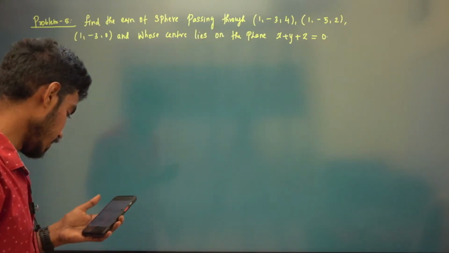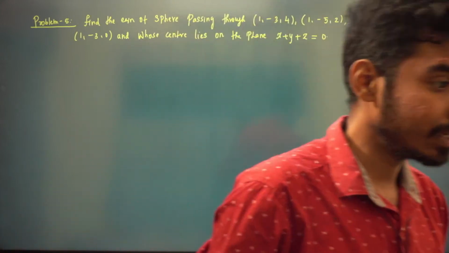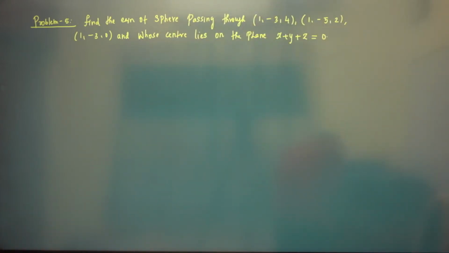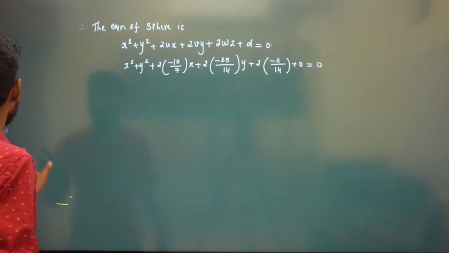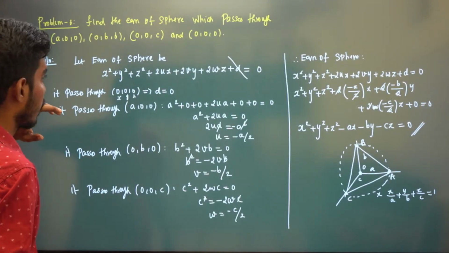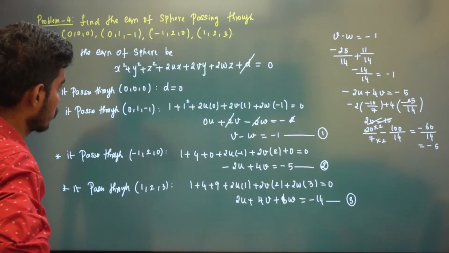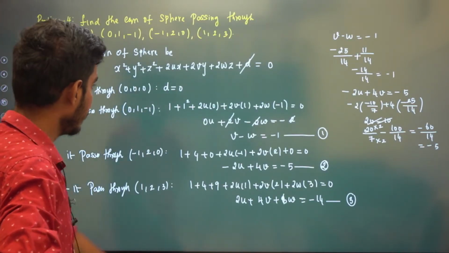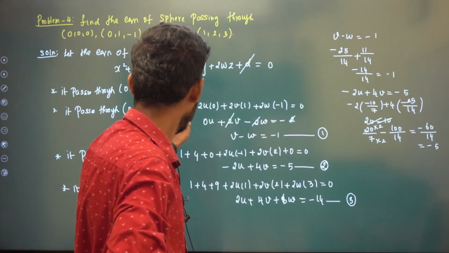So again you can see here you will have four unknowns, right? Because there is no origin here. So you will have u minus, the equation first is wrong. v minus w is minus 1 only, right? 1 plus 1 is 2.